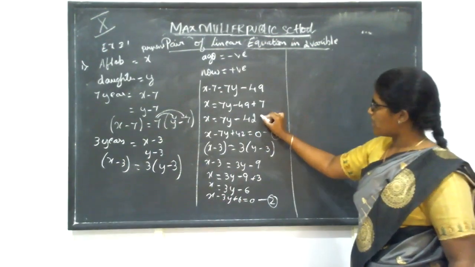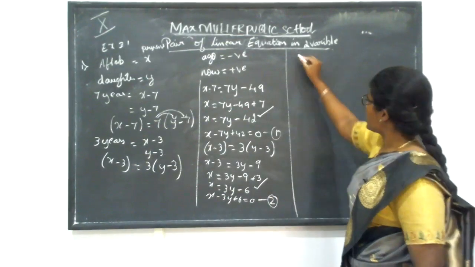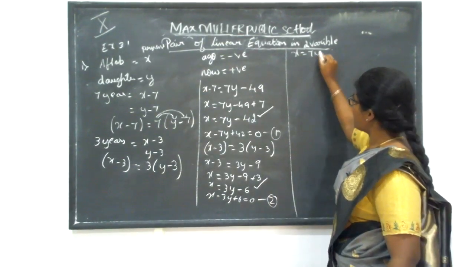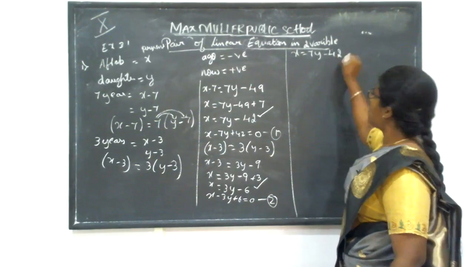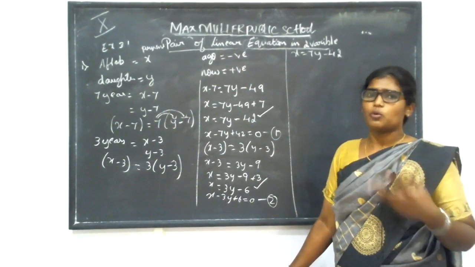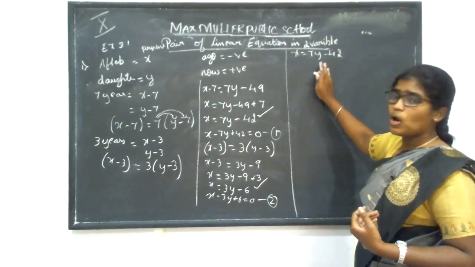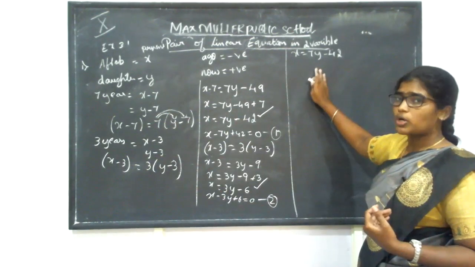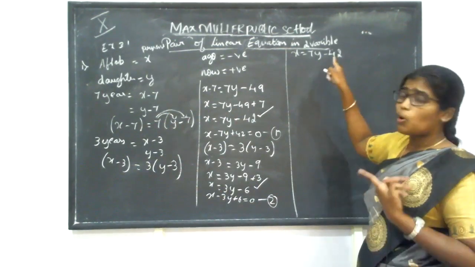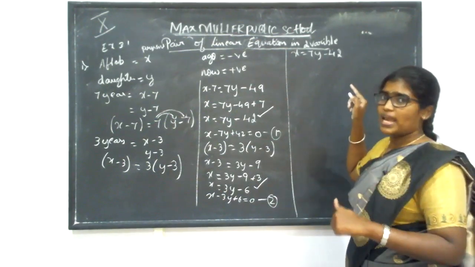Take those equations. x is equal to 7y minus 42. Ma'am, how to find out the coordinates now? What is the value on the x axis, what is the value on the y axis? You are going to assume what you have with the number, the alphabet. What you have here? Y you have. So you are going to assume y, you will get the x value.